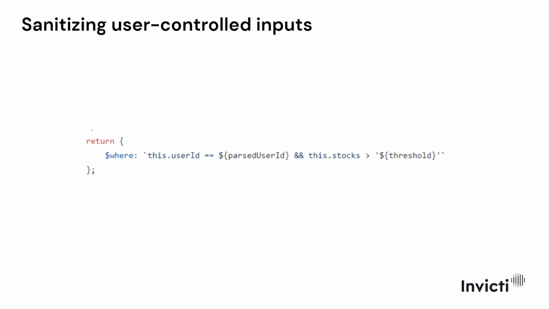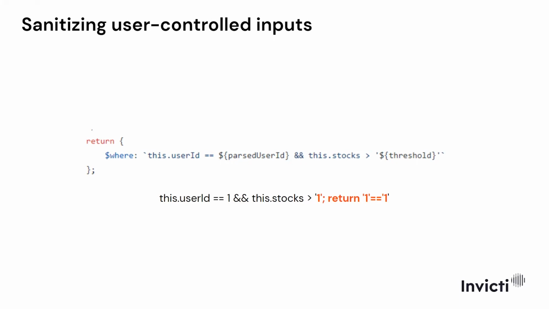Next, you can see the threshold parameter, which is not sanitized in any way. So it's directly used from unfiltered user input. And as you can see, again, this is very similar to a classic SQL injection attack. You can just inject a string instead of only a number.